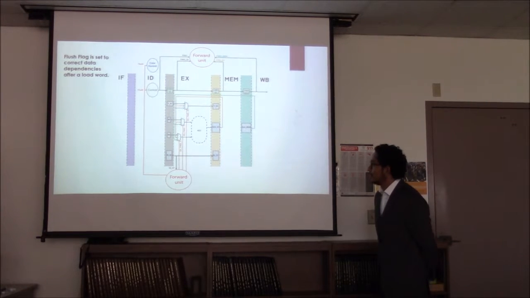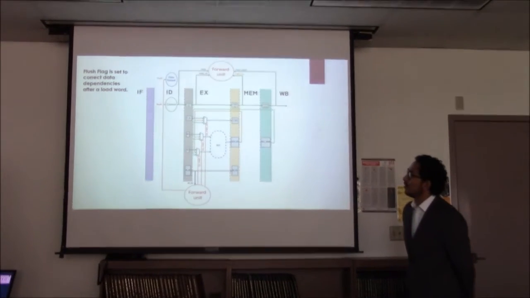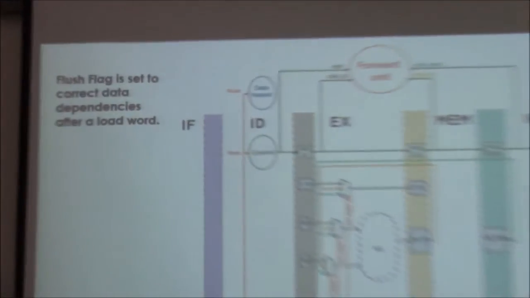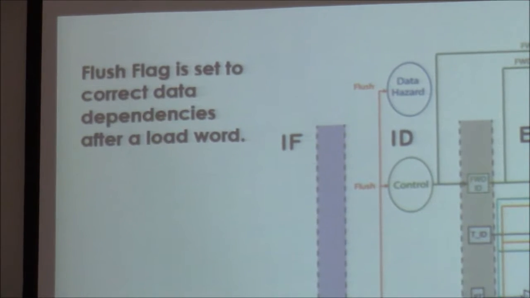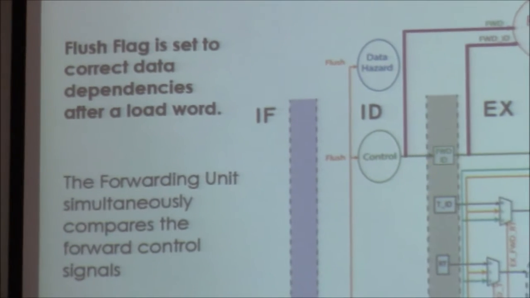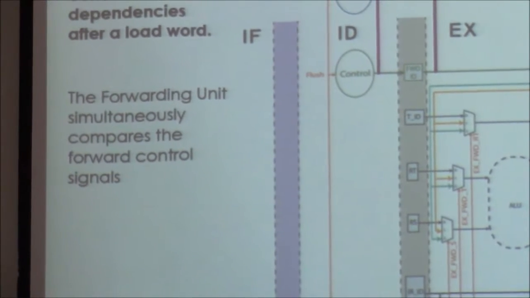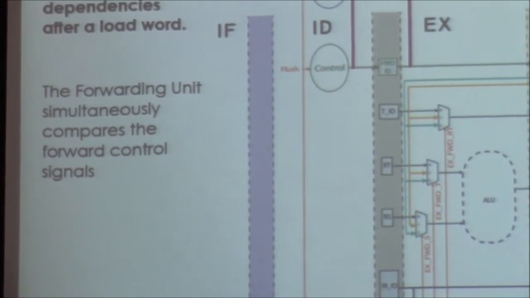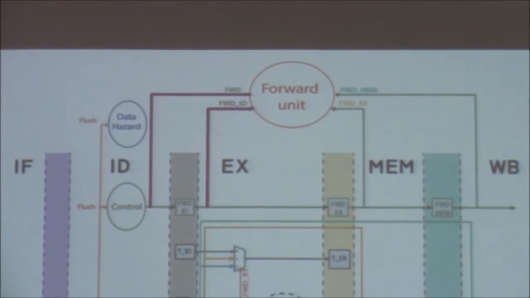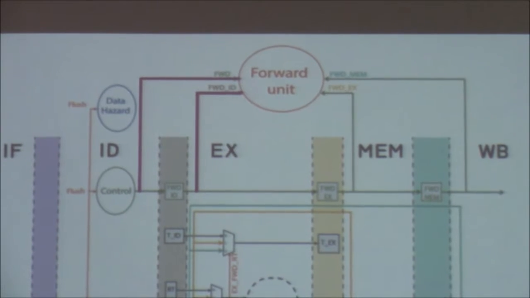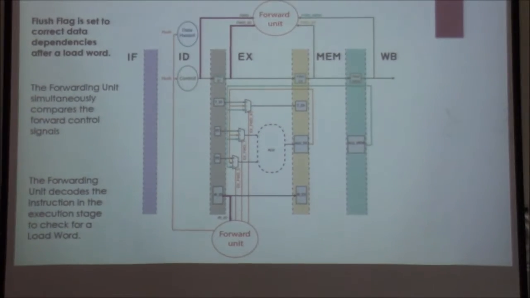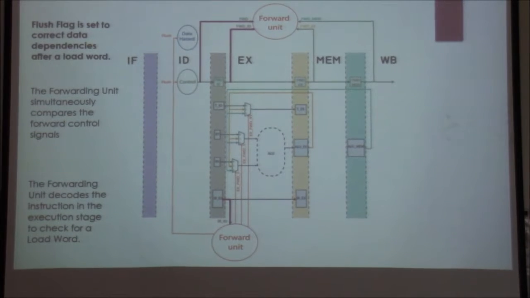stage. Yeah, so the forwarding unit also takes care of flush flags, which is asserted when a data dependency happens after a load word. And it is done by comparing the forwarding signals in the instruction decode, and the forwarding signals in the execution stage, as well as the instruction in the execution stage.